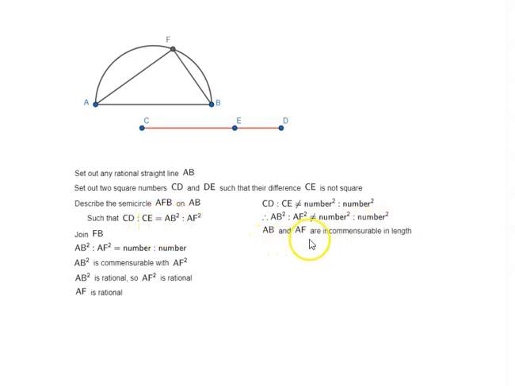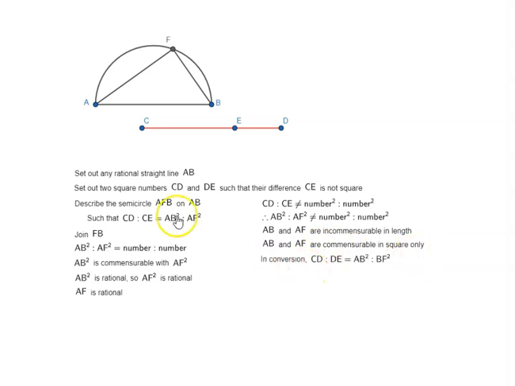That means AB and AF are incommensurable in length. AB and AF are commensurable in square only. Yes, so they are not commensurable in length, but they are commensurable in square only.